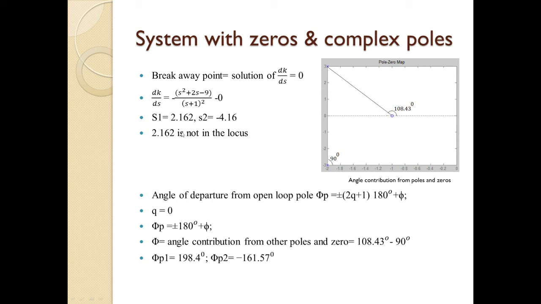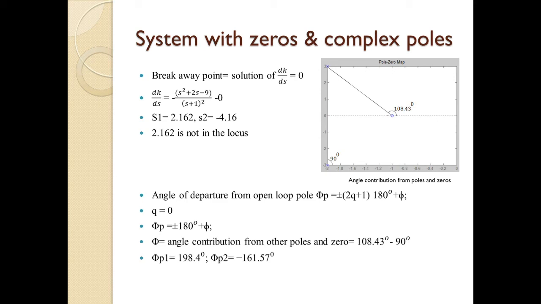Now this point 2.162 is located on the right hand side of the j omega axis. So this point is not in the locus, because minus 1 to infinity was in the locus, and any points outside the minus 1 to infinity were not in the locus. So 2.162 is not in the locus.